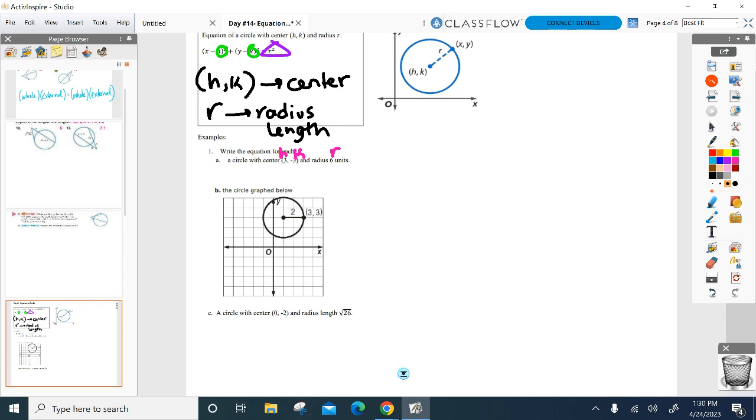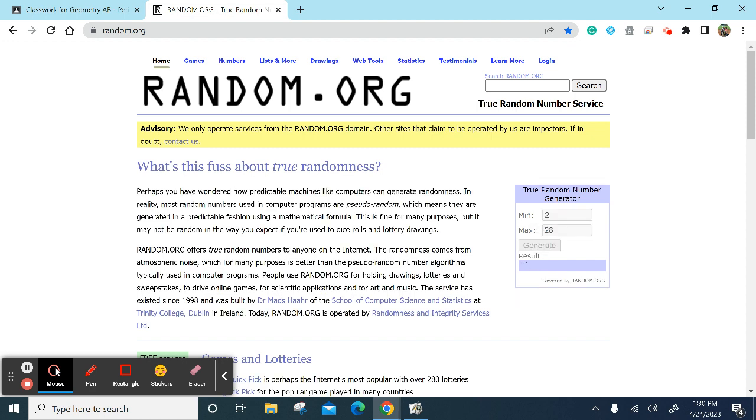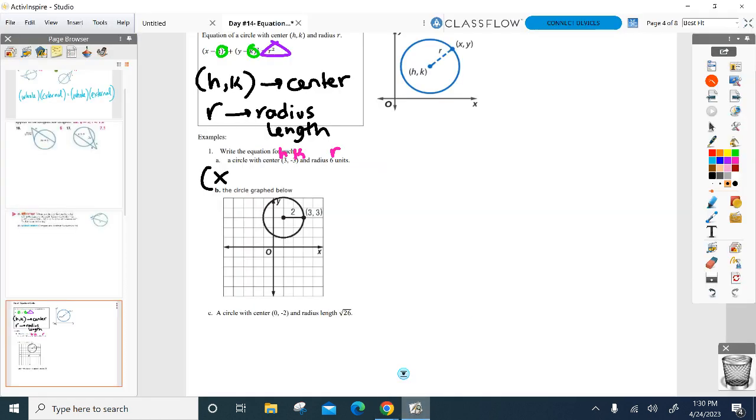Now let's plug them into the equation. X, remind me again, what was my h value here? 3. So watch. x minus h, so (x minus 3) all squared. Everyone's all right there.